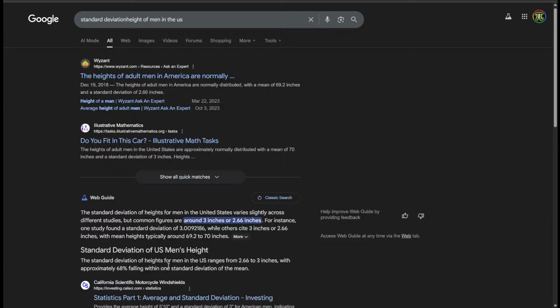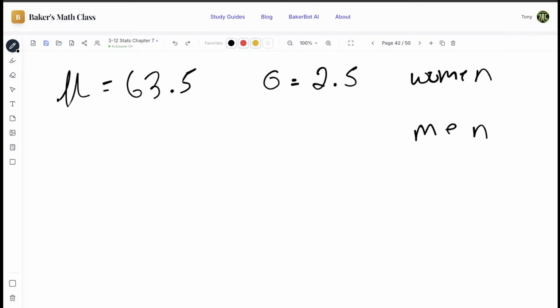So 69.2 and 3 inches. Find out what percentile you're in.